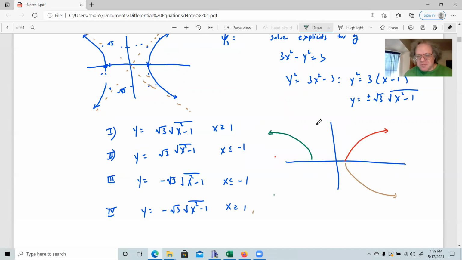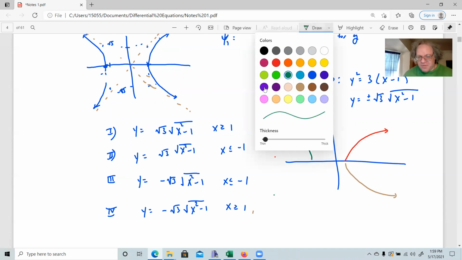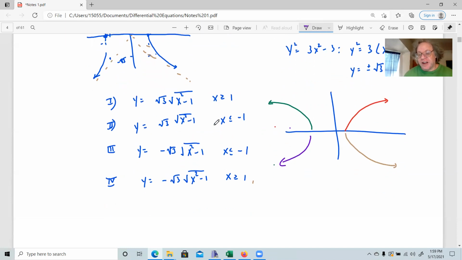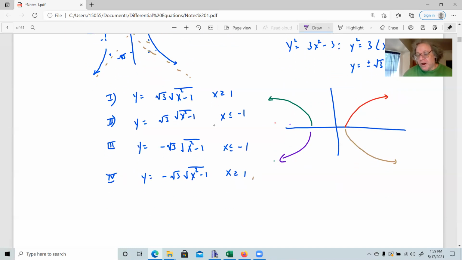That's a third possibility. And then we have something over here for a fourth possibility. And if they hand you an initial value, where is that initial value? Is that initial value in quadrant 1, quadrant 2, quadrant 3, or quadrant 4? And that's how you pick your actual solution.